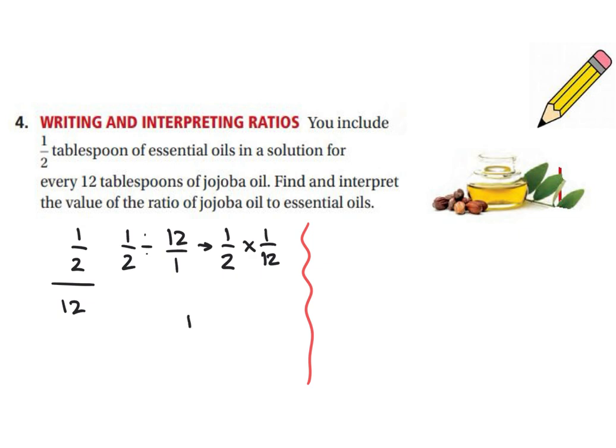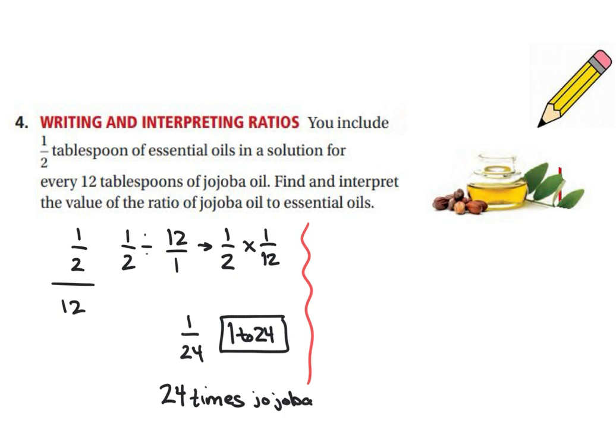And we get 1 over 24, or 1 to 24. So this tells us it's 24 times the amount of jojoba compared to the essential oil.